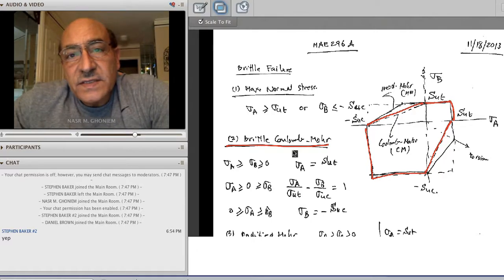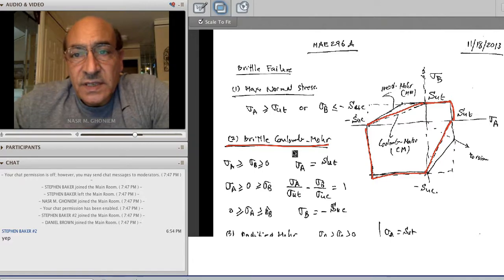The only difference is that in ductile we use the yield, and here we use the ultimate. So you just substitute the subscript Y with the subscript U. That's all it is up to this point. Okay, so this is brittle Coulomb-Mohr.